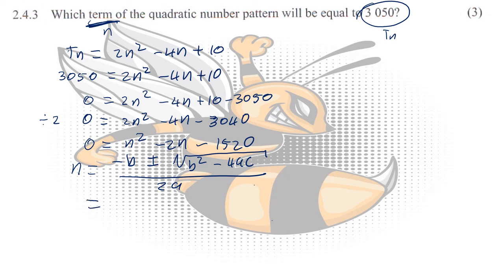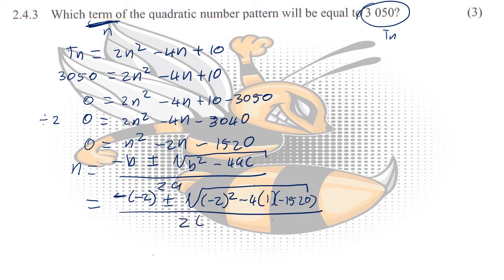Our b value is minus 2, so we have minus minus 2 plus or minus the square root of minus 2 squared minus 4 times 1 times minus 1520, divided by 2 times 1, and if we simplify this we get 2 plus or minus the square root of 6084 over 2.